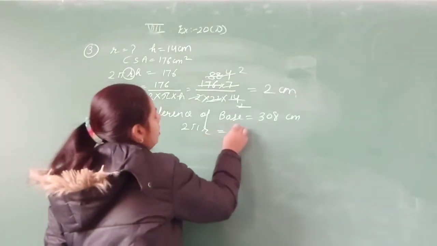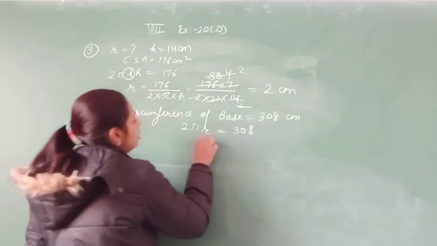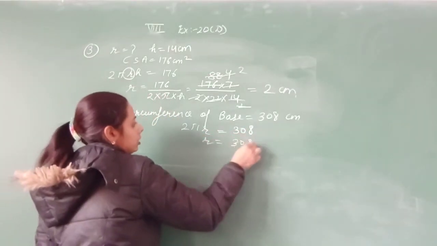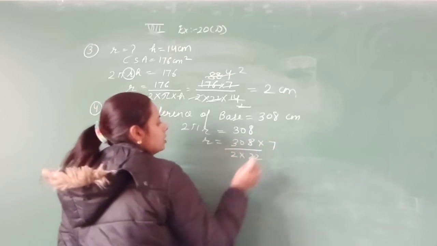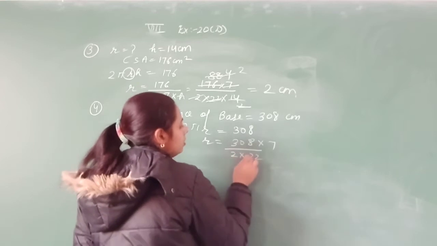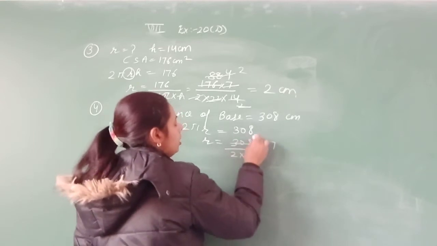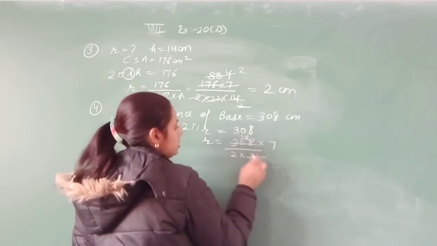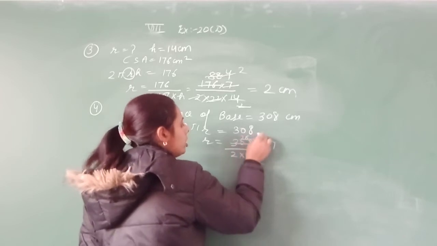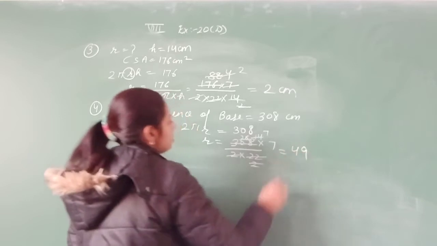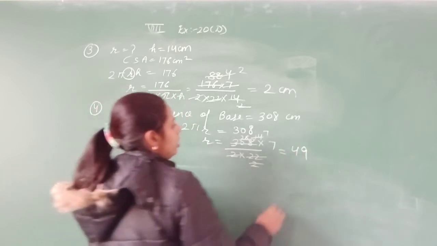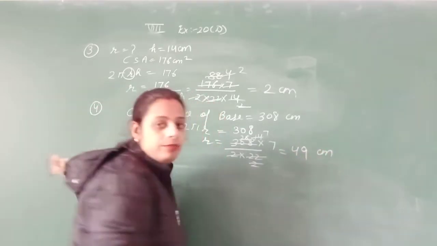So it will be compared with the 2 pi r, so that you can get the value of r, divided by 2 into pi and put the value of pi here. So just simplify it. 11 2s are 11, 8 is 47. So you are having the radius 49 centimeter.